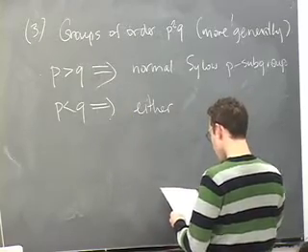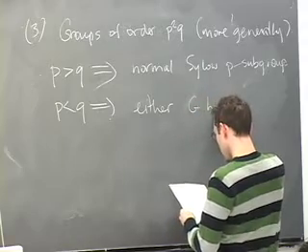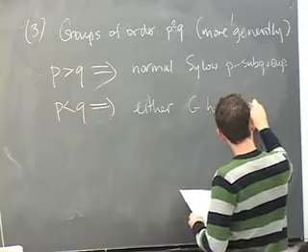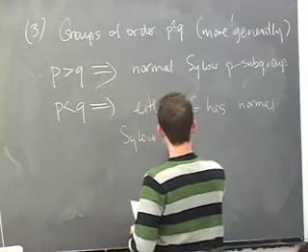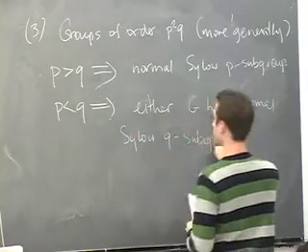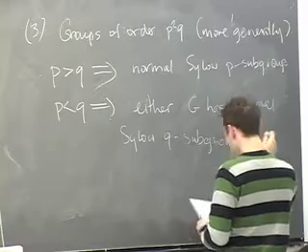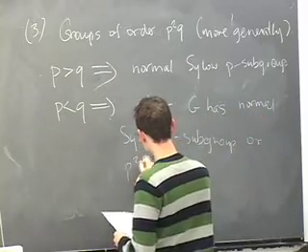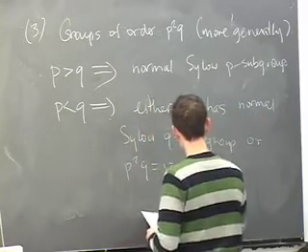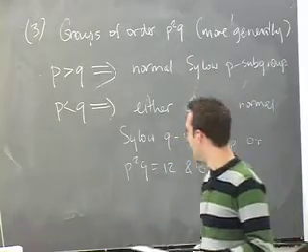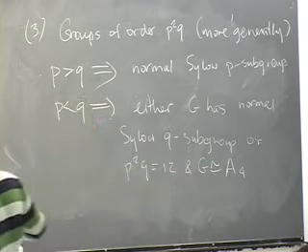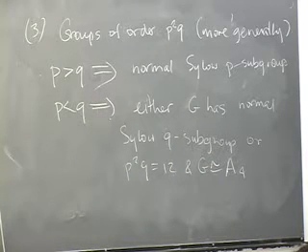Either G has a normal Sylow q subgroup, or p squared q equals 12, and we're back to this degenerate case where G is isomorphic to A4. And there are lots more cases like this. There are tons more things like this.